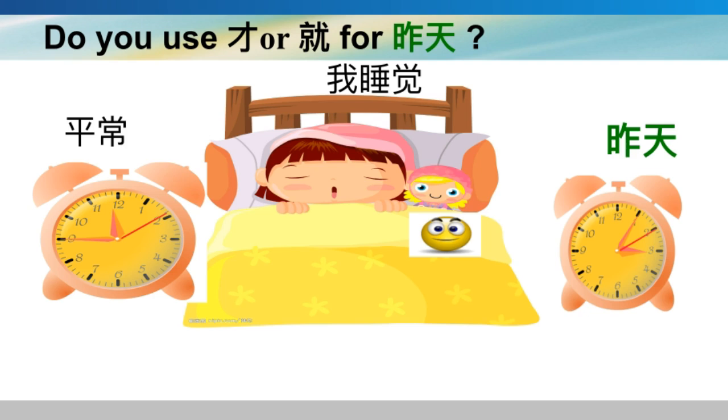Okay, let's look at how we use 就 and 才 in practice. So this person is sleeping yesterday. And typically, 平常 she sleeps at this time, 11点45.